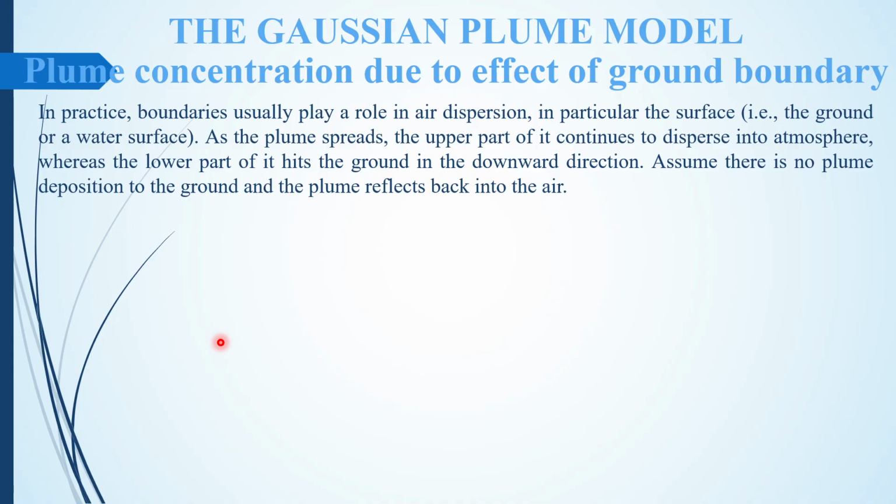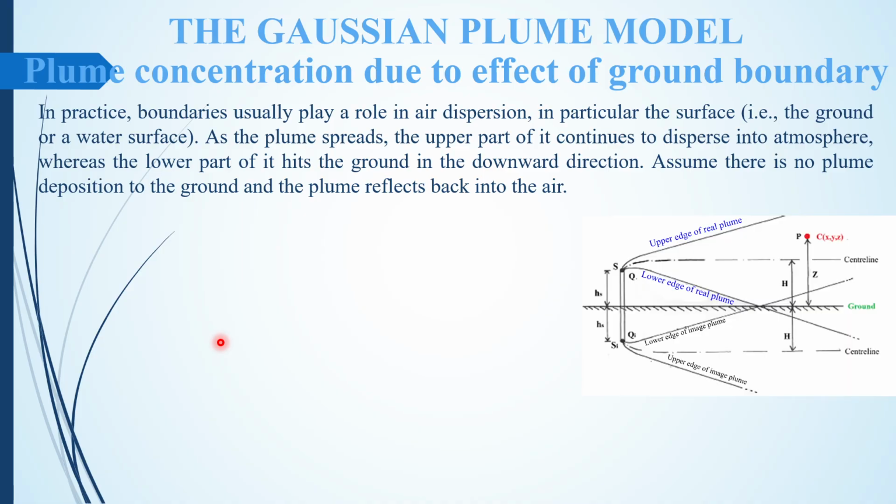So in practice, boundaries usually play a role in air dispersion, in particular the surface. As the plume spreads, the upper part of it continues to disperse into the atmosphere, whereas the lower part hits the ground in the downwind direction. So assume there is no plume deposition on the ground and the plume reflects back into the air.